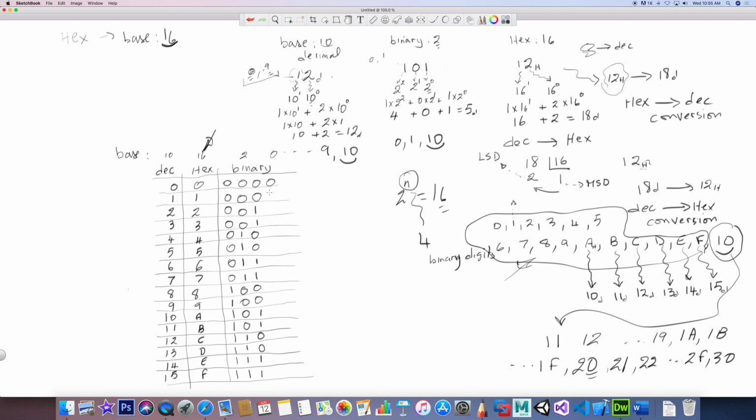So 0 1 0 1 0 1 0 1 0 1 0 1 0 1 0 1. Perfect. So now we have the binary equivalent to any of these decimal values or any of these hex values.